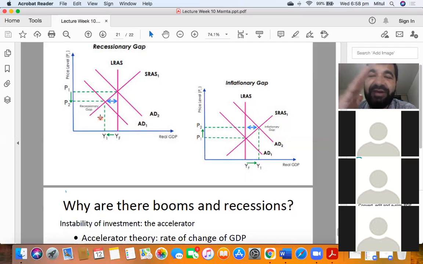When you utilize the whole capacity, you don't have anything left to use later on. In that situation, you will see that your supply will actually be reduced. So demand will actually be reduced. That happens, and that's called a recessionary gap.